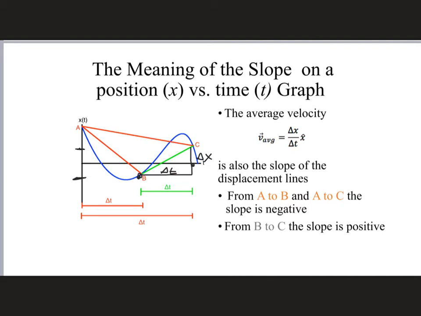And if I look at delta x over delta t, that would be the rise over the run of this green segment. Delta x over delta t would be the slope of the line. But we know something else that delta x over delta t is. That would also be the average velocity. And so this tells you that, again, what am I plotting here? I'm plotting position versus time.